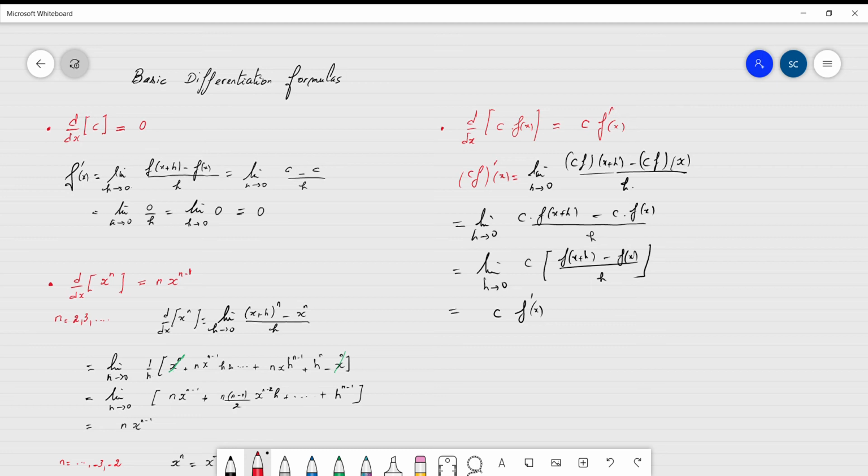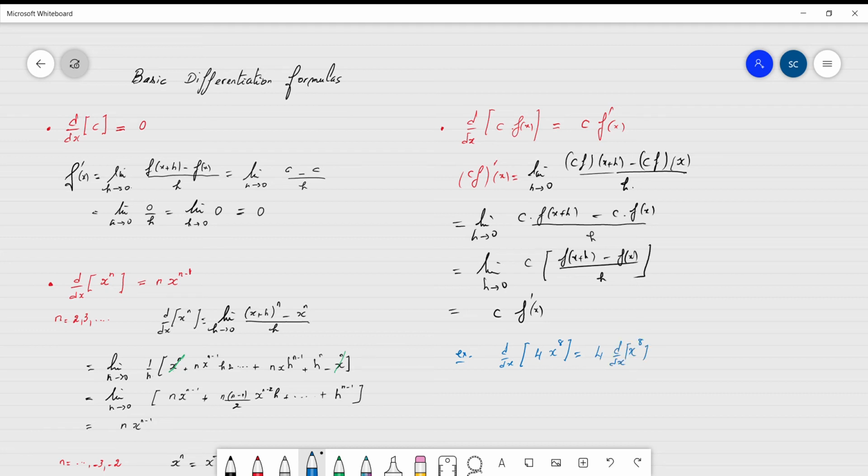As an example, let's look at one here. If you want to derive, for example, 4x^8, I see a function multiplied by a constant. I can say it's 4 times the derivative of x^8.